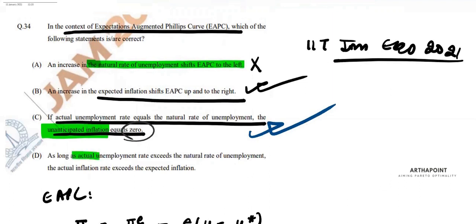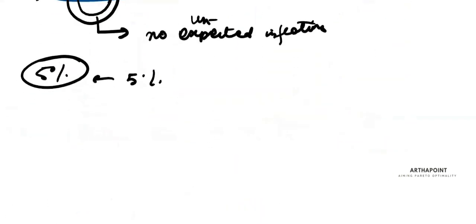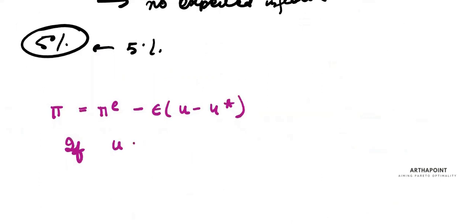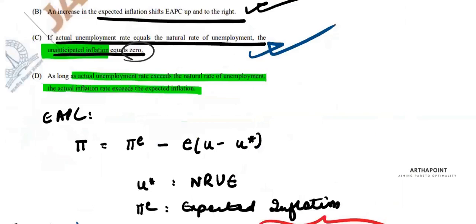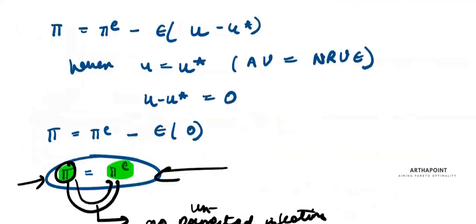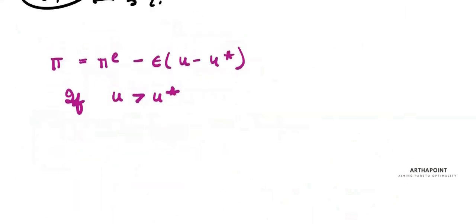As long as actual unemployment exceeds natural level of unemployment, actual inflation rate exceeds expected inflation. Let's see this now. Again I use the same formula, pi is equal to pi E minus mu (U minus U star). If U is greater than U star, this is what it is saying, right? Actual is more than natural. Suppose I take a number: U is 5, U star is 4.